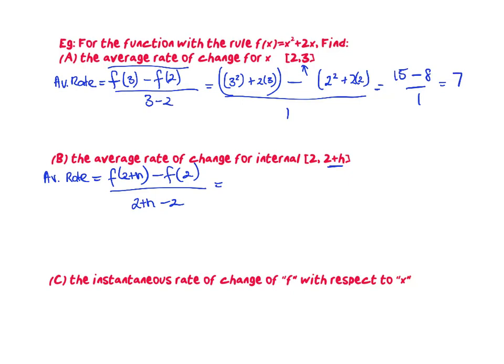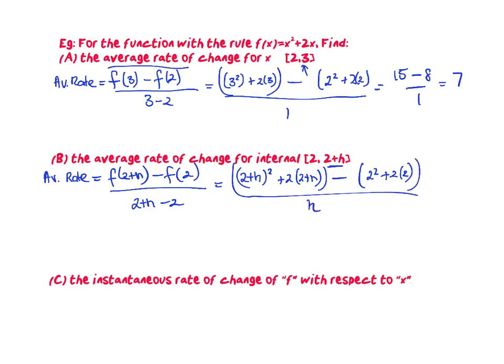So the function says x squared, so instead of writing x, I write 2 plus h squared plus 2 plus h. Okay, so that's the first one, minus, then we're going to do it when it's 2 squared, and all over, that's just going to become h. Okay, so if we tidy all that up, you've got to expand this.